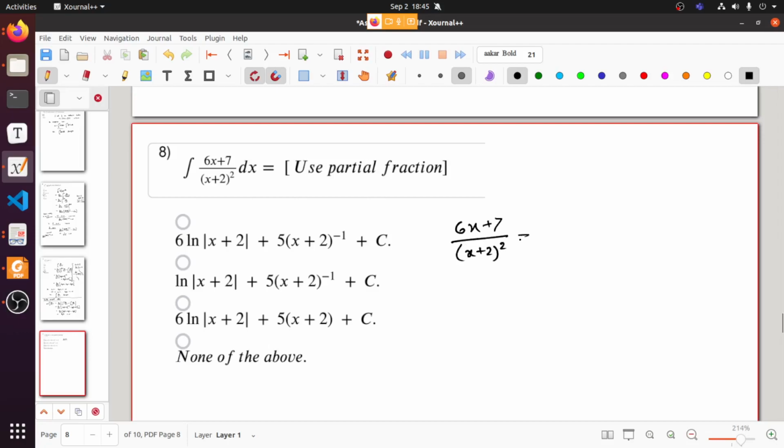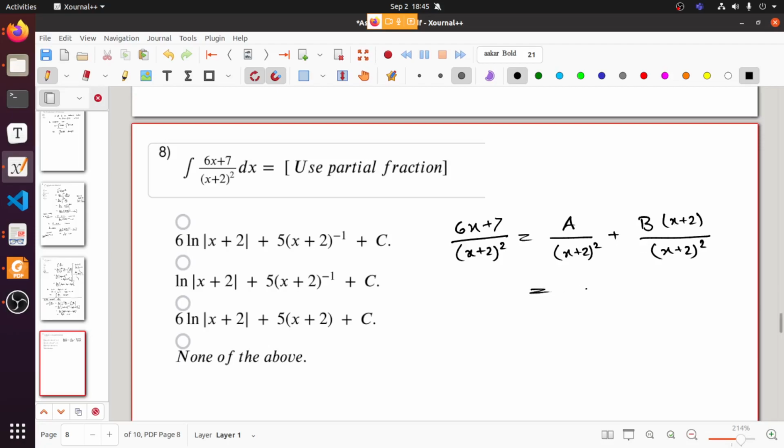You have to write the integrand in terms of partial fractions, like this: a by (x plus 2) whole square plus b times (x plus 2) by (x plus 2) whole square, because in the denominator it is a square term. This is called the partial fraction decomposition, right? So now you can find the values of a and b.